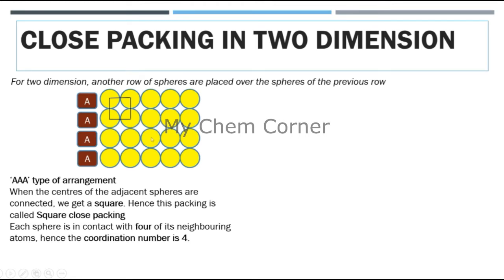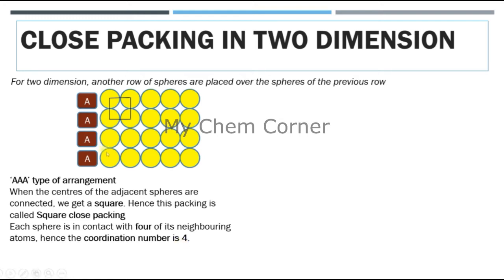So totally how many atoms is that sphere in contact with? With 4 other neighboring atoms. So therefore, the coordination number of each sphere in this type of an arrangement is 4. Because any sphere that you take, it is touching 4 other spheres. So this is one type of an arrangement where you get a square close packing whose coordination number is 4.